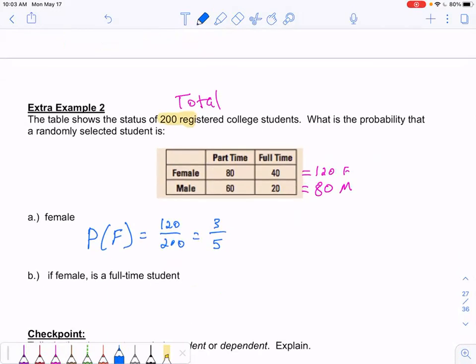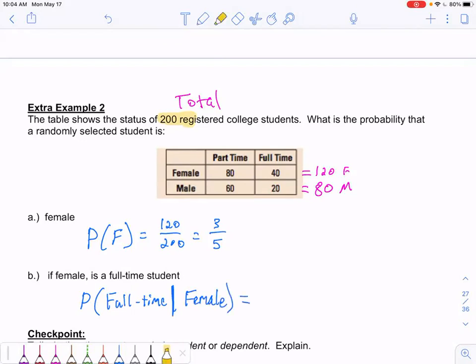Now we're going to look for given. The probability of female given, we put that line down. If female, probability of full-time given that it was a female.